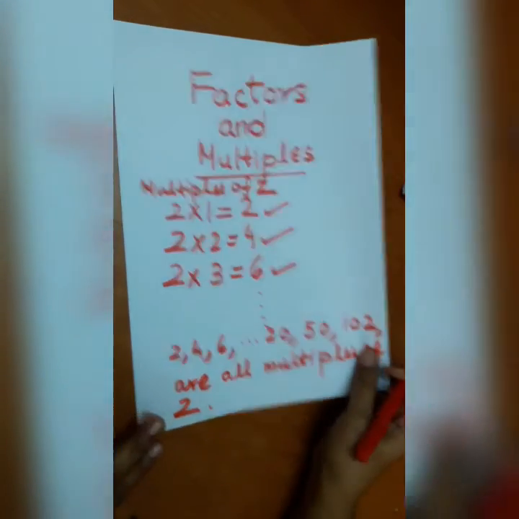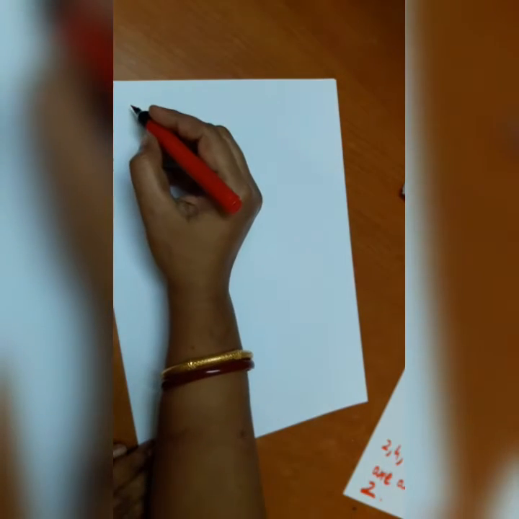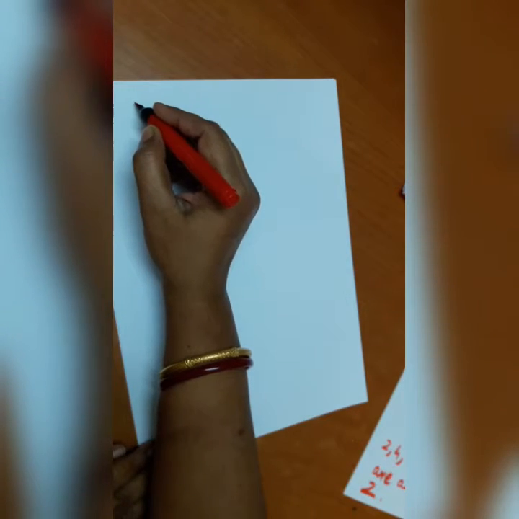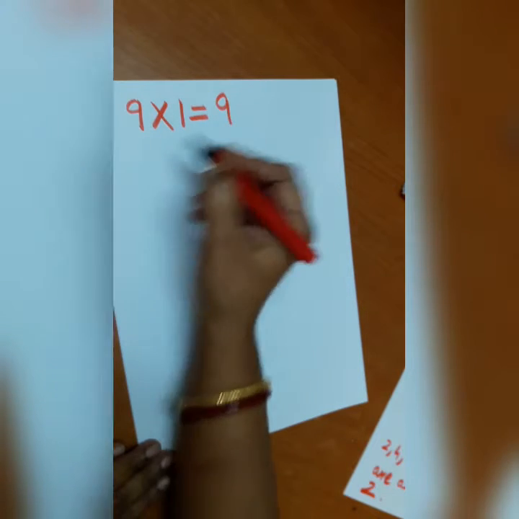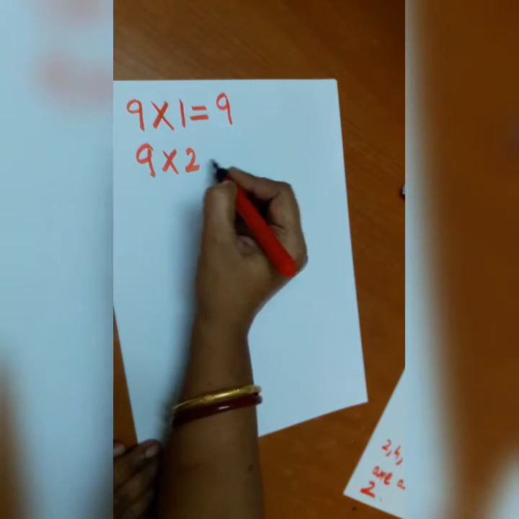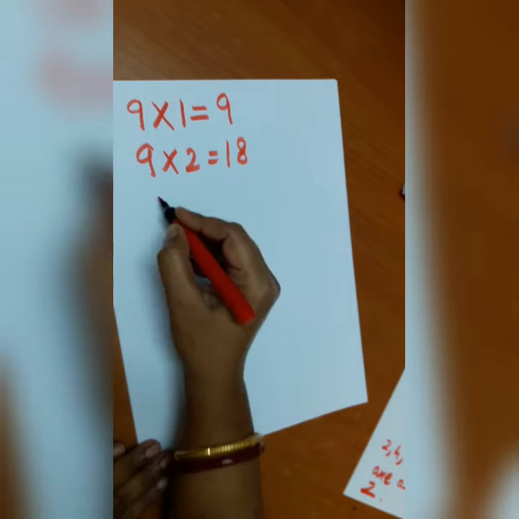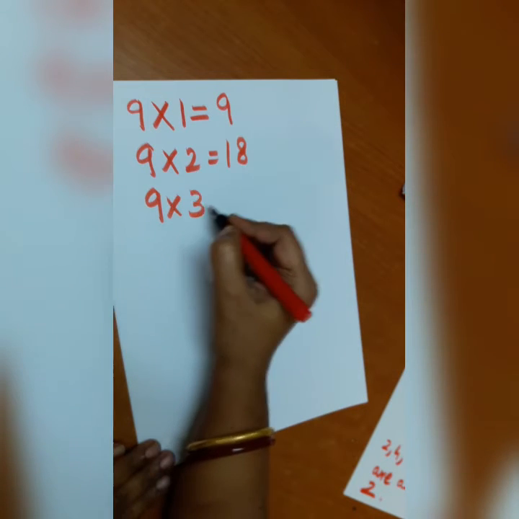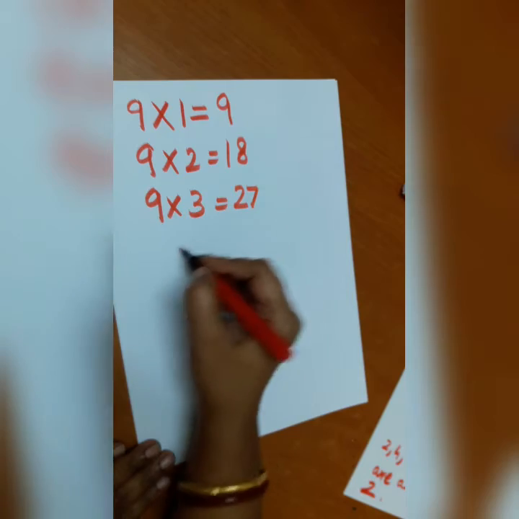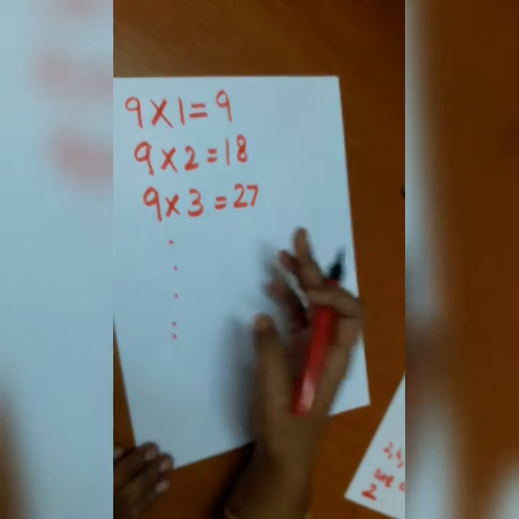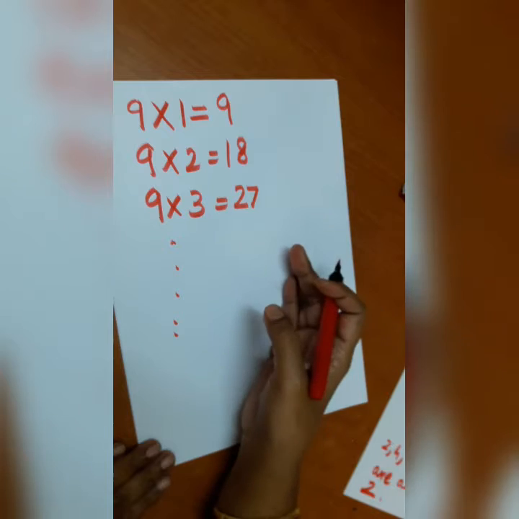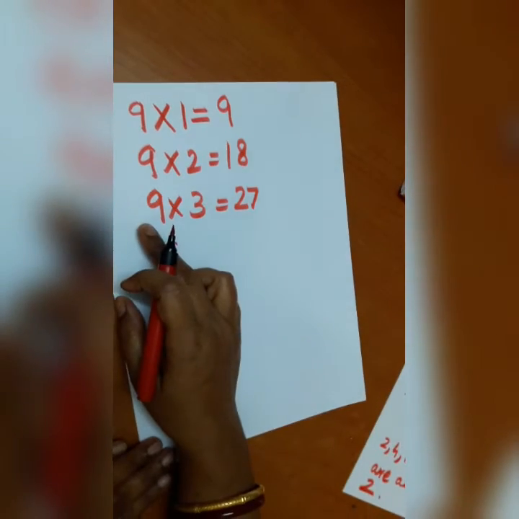Okay, now similarly if we try to write the tables of 9, 9 ones are 9, 9 twos are 18, 9 threes are 27, like this. Any number we multiply by 9 and we get a number that is the multiple of 9.